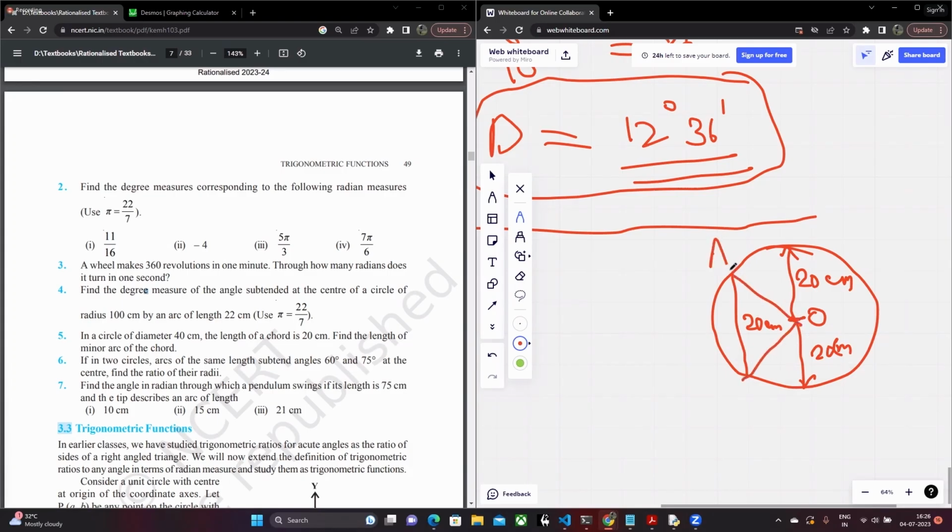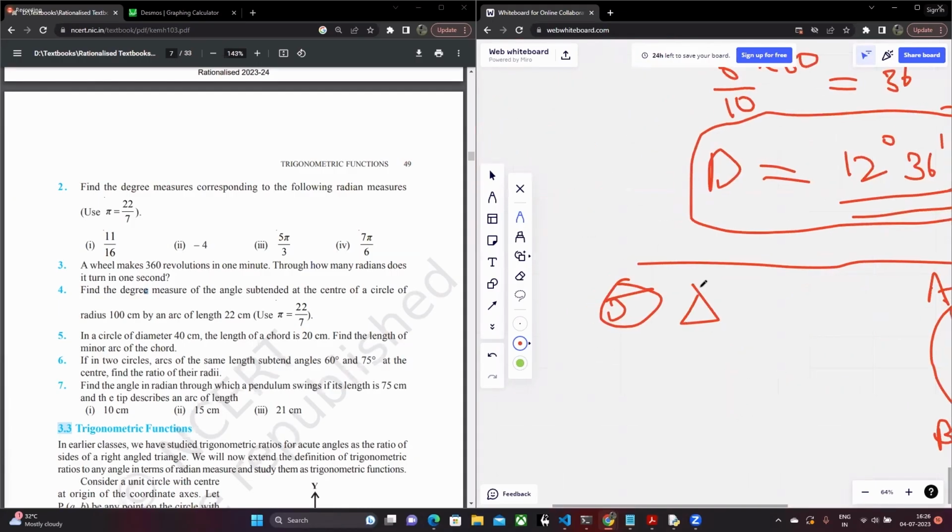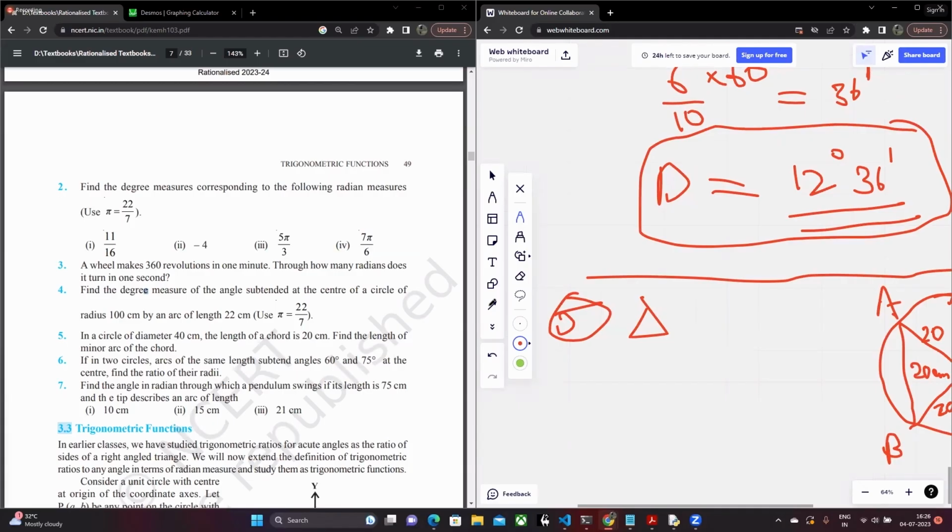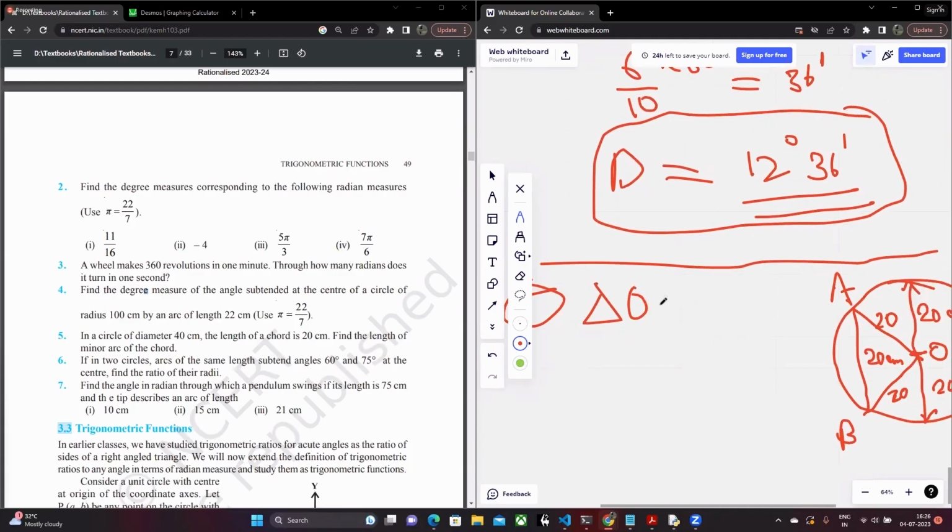So let the chord's endpoints be A and B. Then joining OA, joining OB, you see that OA is a radius, OB is a radius, and radii are of length 20 centimeters. Since all these three lengths are equal, that means that triangle OAB, first of all, without reading the question fully, I'll write this down: triangle OAB is equilateral.